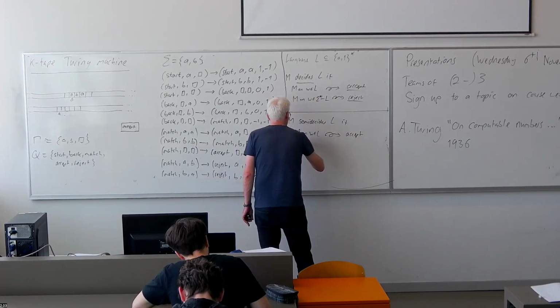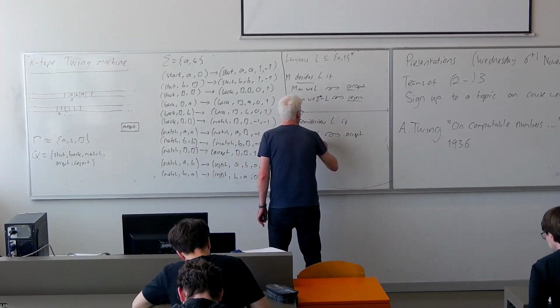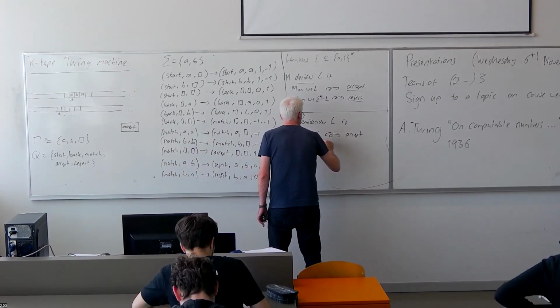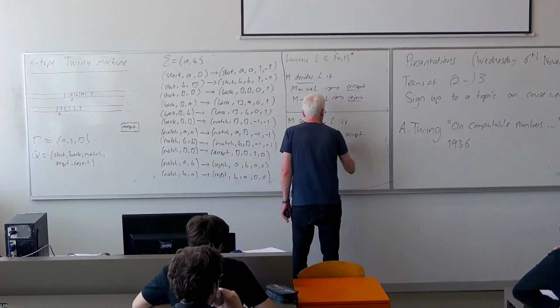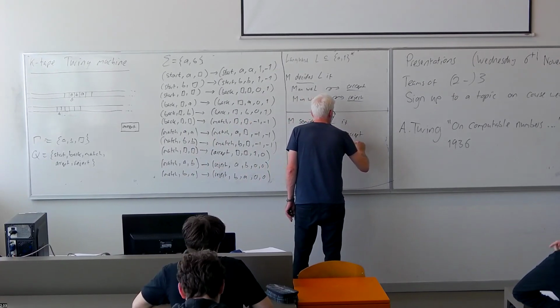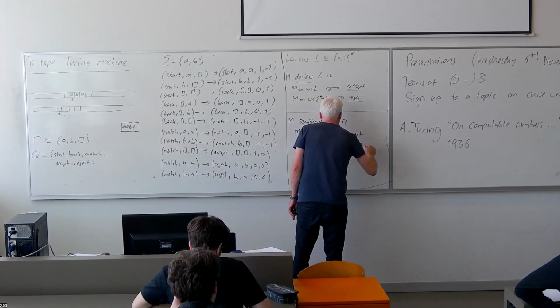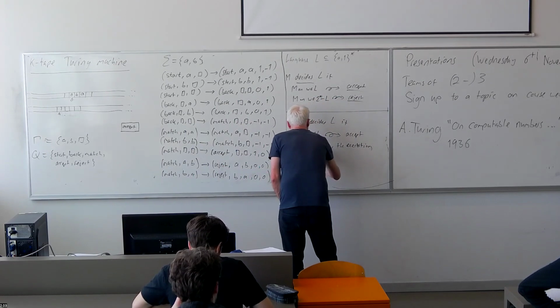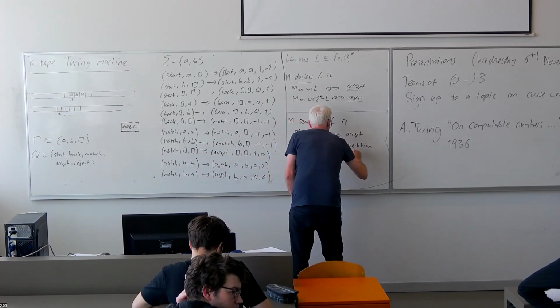And if we run M on a word that's outside the language, so from the input alphabet but outside the language, then the execution of the machine on that input does not end in the accept state.